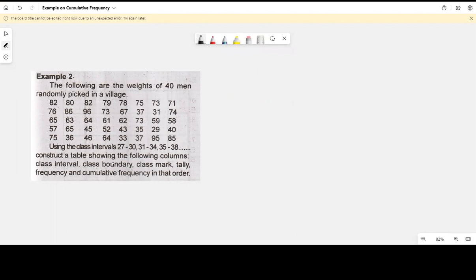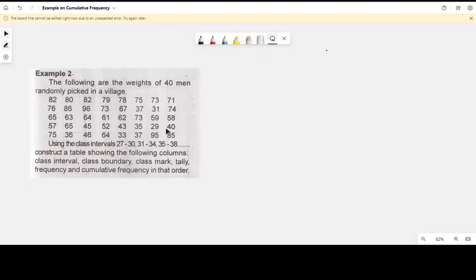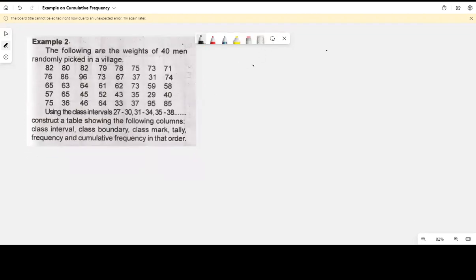Construct a table showing the following columns: class interval, class boundaries, class mark, tally, frequency, cumulative frequency in that order. In this question, the class interval is already given to us. We don't need to figure it out like we were doing in the previous example. So the interval is already given. Our task now is to put in the values right away.